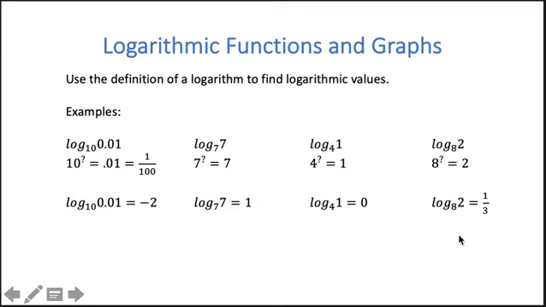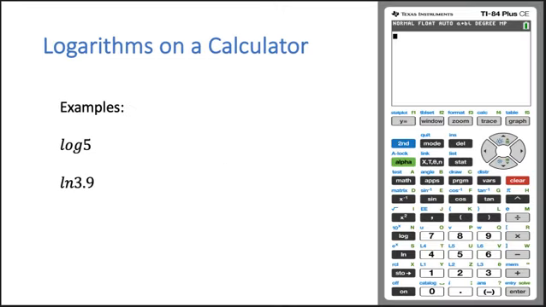Here are the answers. Okay, the next thing I want to do is talk about how we're going to do these logarithms on our calculators. Here are two questions I want you to figure out: the log of 5 and the natural log of 3.9.